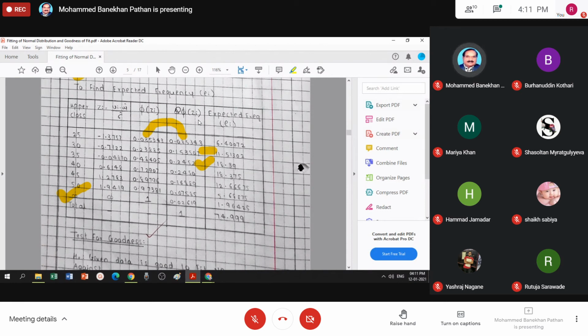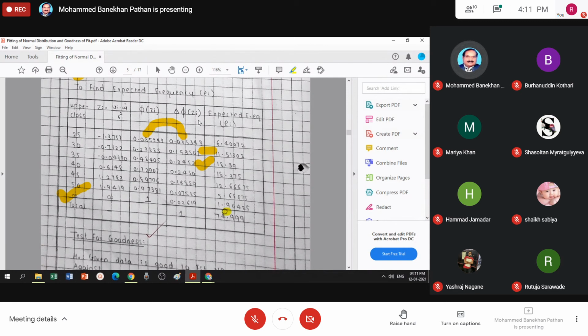Now delta represents the probabilities in the intervals minus infinity to 25, then 25 to 30, 30 to 35 and so on. Multiply delta with capital N as the total frequency, you get the expected frequency 6.40072 and so on.